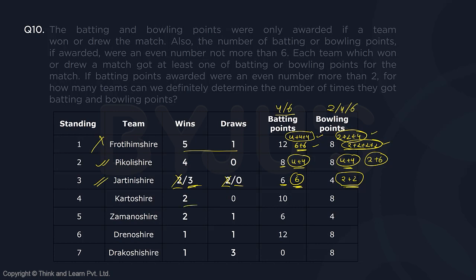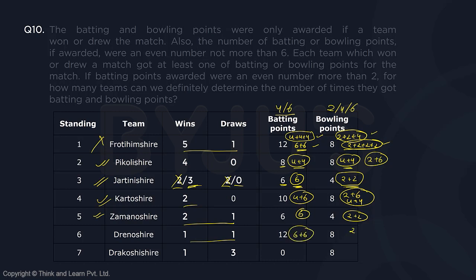2 matches, this we already calculated, right? 10 is 4 plus 6. This could be 2 plus 6 or 4 plus 4. So this is also manageable. 3 matches, this 6 is again possible in only one case, 6 only. And the remaining 2 will be covered in 2 plus 2. So this is also okay. Same as J, right? Here we have 2 matches, has to be 6 plus 6.